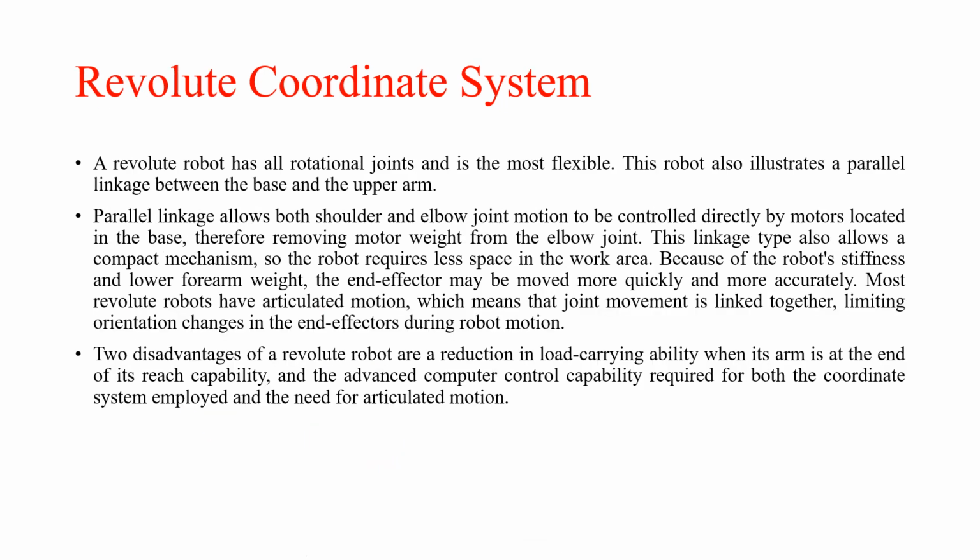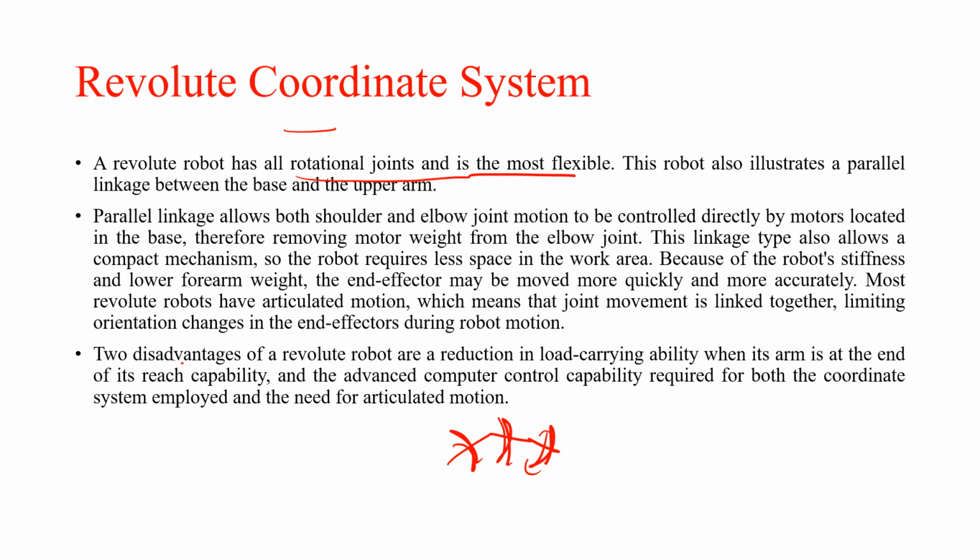Next one is revolute. The revolute robot means all joints are rotational joints, and it is more flexible. Here it rotates in this way, this rotates this way, and this rotates this way. If all are under rotation in all directions, then that is called the revolute coordinate system.